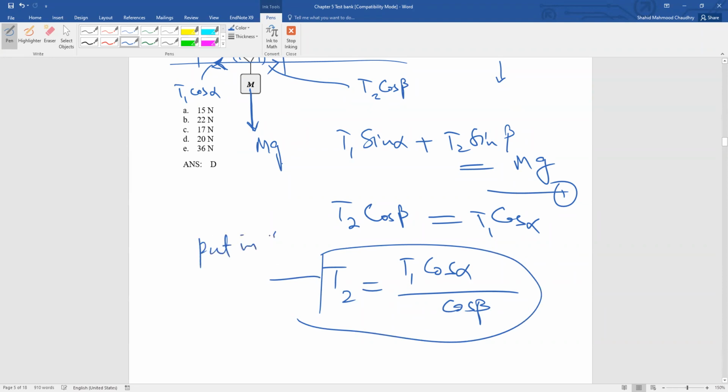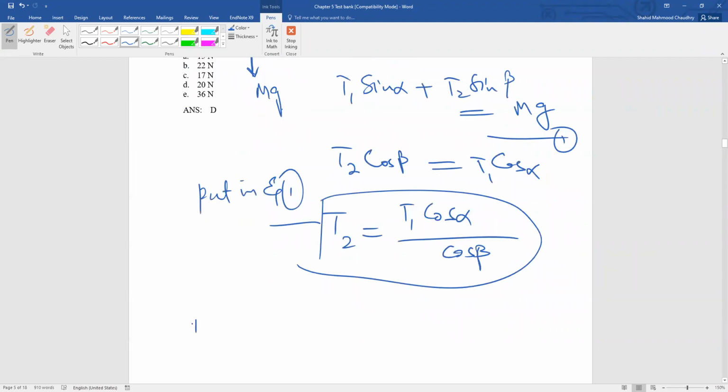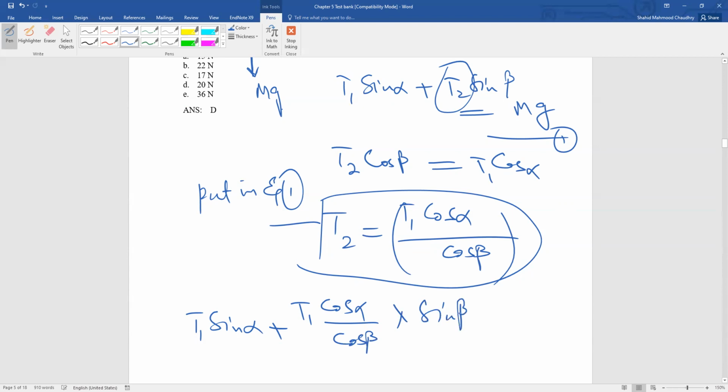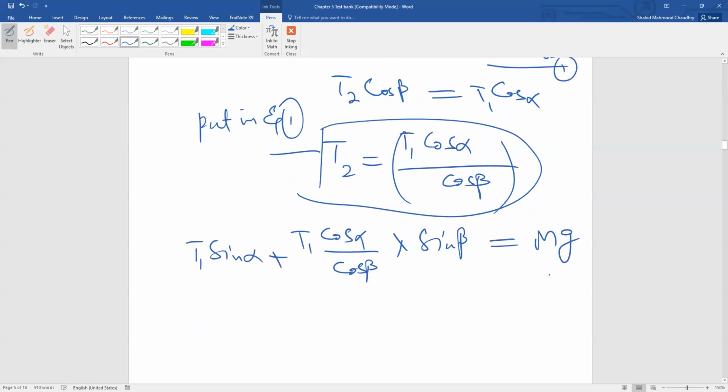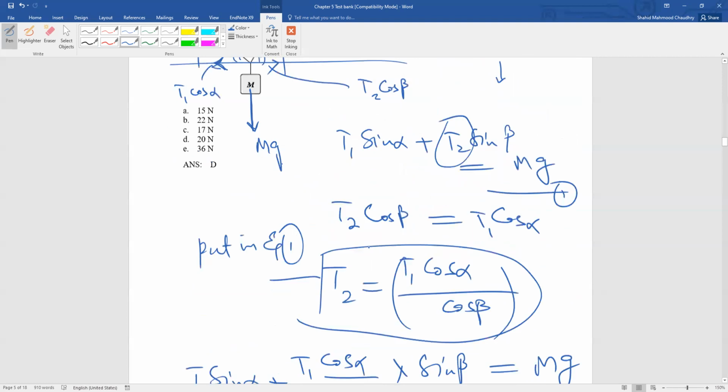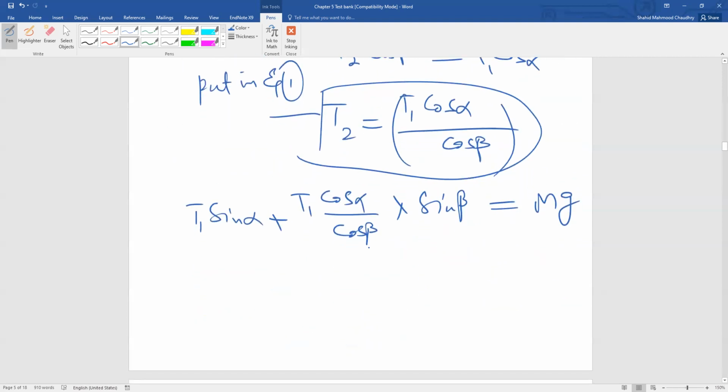When you put it in equation 1, you will get T1 sine of alpha plus T1 cos of alpha divided by cos of beta into sine of beta is equal to mg. Now you have the alpha and beta angles and the m value is 4 kg, so solve it for T1.